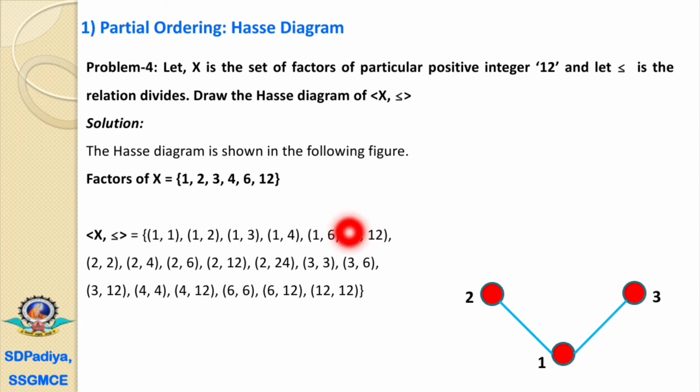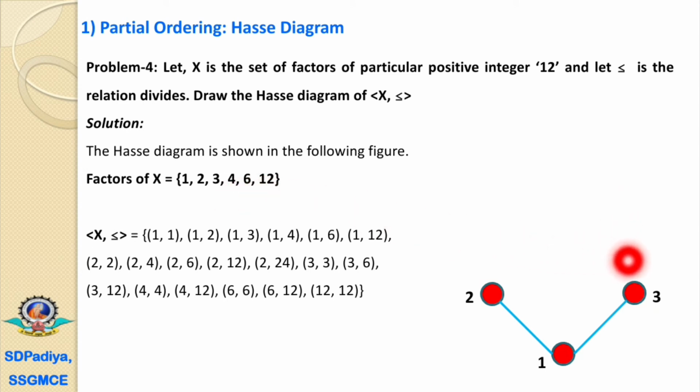Now the next element is 4 and the next element is 6. About the 4, 2 and 4 have the relation. That's why we draw 4 above 2. And for 6, 3 and 6 have the relation.